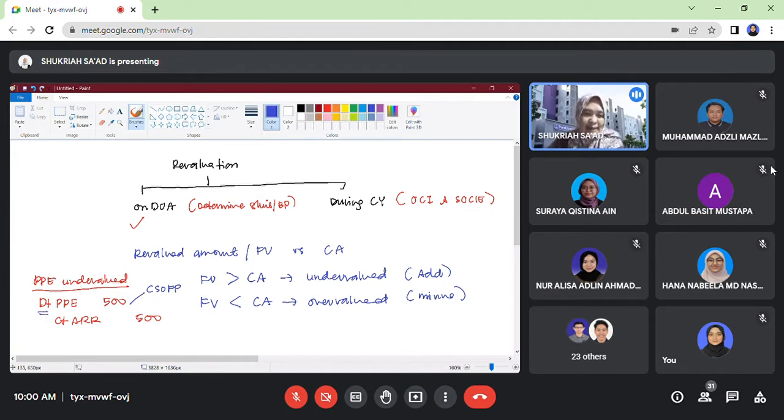Tambah, add, debit. So, existing asset kena add with 500. Whereas for credit ARR ni, sebab dia adalah on DOA, nilai ni akan pergi kepada step number 1 kita. Determine goodwill or bargain purchase.